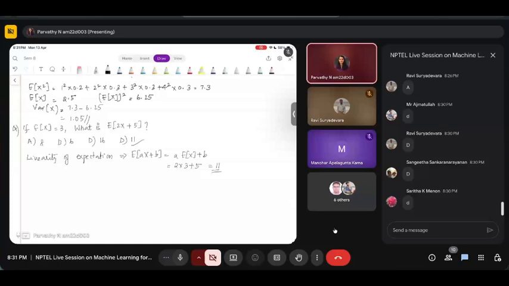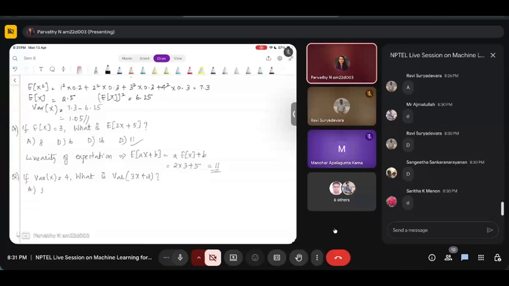If variance of X is equal to 4, what is variance of 3X plus 2? 36, right?